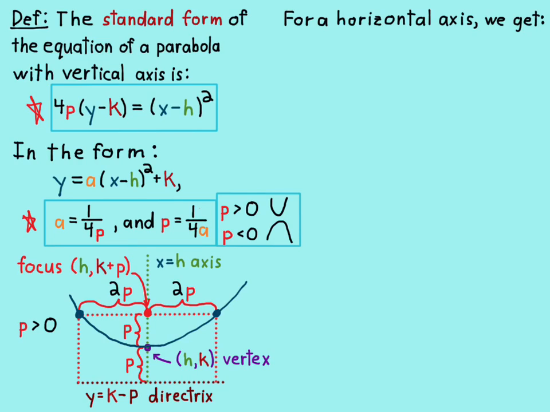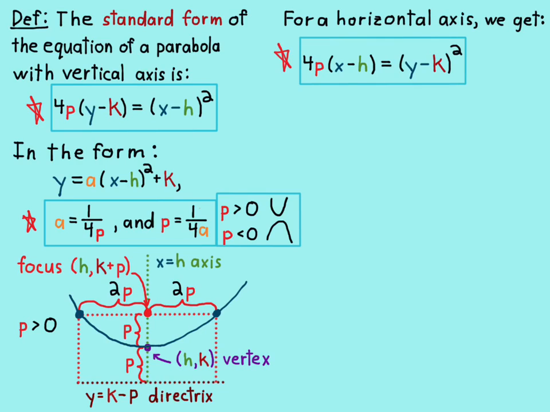Okay, so for a horizontal axis, so that's a vertical axis, a horizontal directrix, but a vertical axis of symmetry. So for a horizontal axis of symmetry, you just switch, what I did here is I just switched the y minus k and the x minus h. I switched where they are. See, so you get the x minus h on the left, not squared, and the y minus k is now squared on the right.